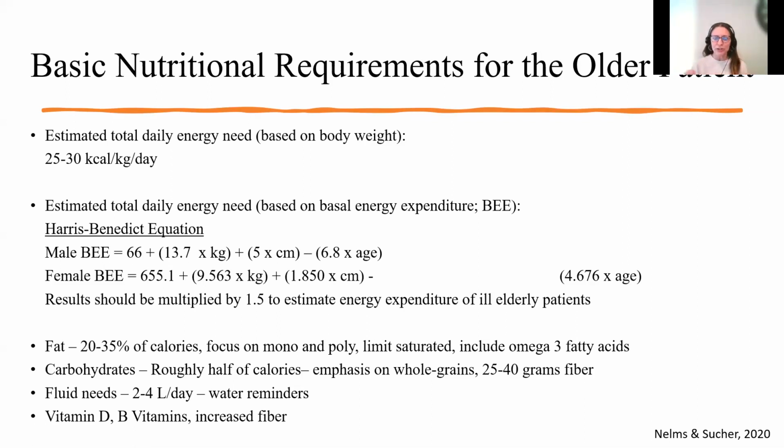But the macronutrient distribution, or what's the key amount of fat, carbohydrates, and protein for the geriatric population, is not indicated. Instead, there's a range. So roughly a third of the calories from fat, focusing more on those mono and poly unsaturated fatty acids, limiting saturated fat, including omega-3 fatty acids in that.